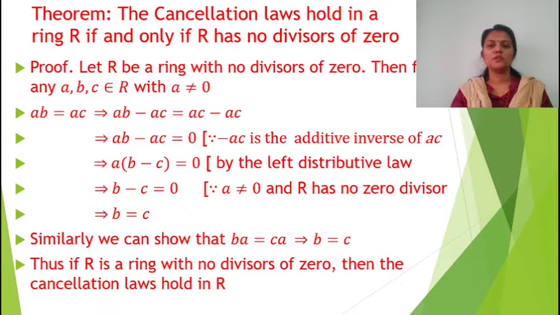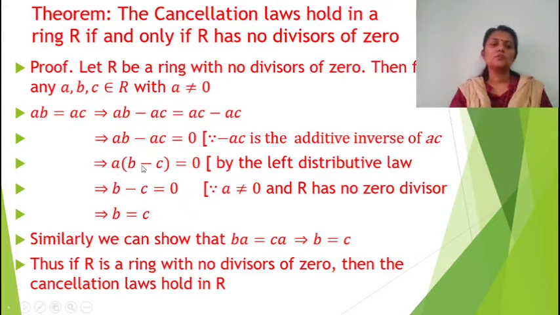For any a, b, c elements of R with a not equal to 0, ab equal to ac implies ab minus ac equal to ac minus ac, that is ab minus ac is equal to 0.